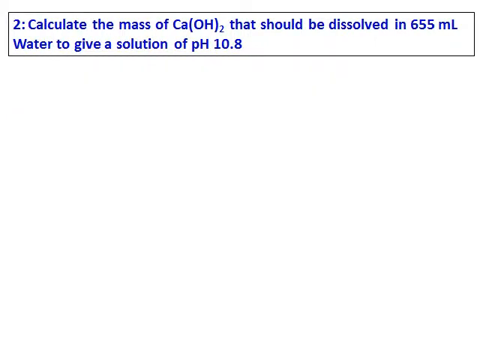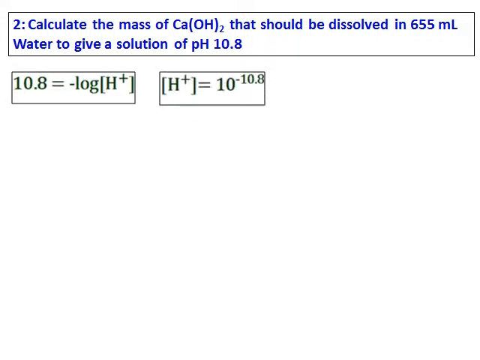Calculate the mass of calcium hydroxide that should be dissolved in 655 milliliter water to give a solution of pH 10.8. This question is similar to the previous question, but here calcium hydroxide is given instead of sodium hydroxide. As always, we will first get the concentration of hydroxide ion from the pH.